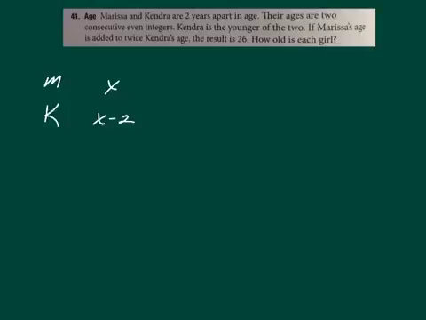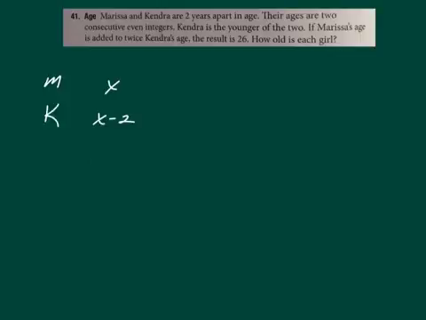So X minus 2. Their ages are 2 consecutive even integers. Alright, Kendra is the younger of the two. If Marissa's age is added to twice Kendra's age, the result is 26. So let's see what we do with this.